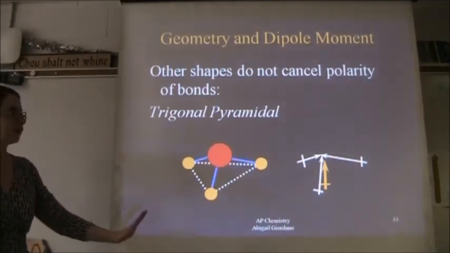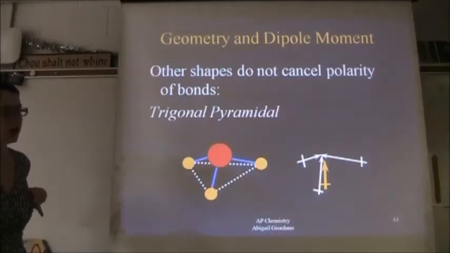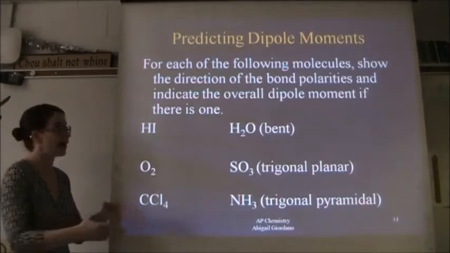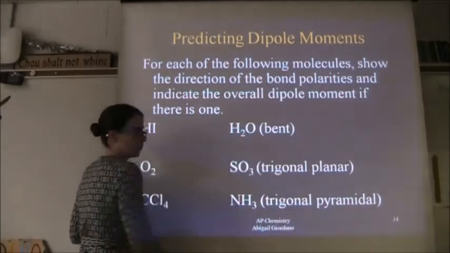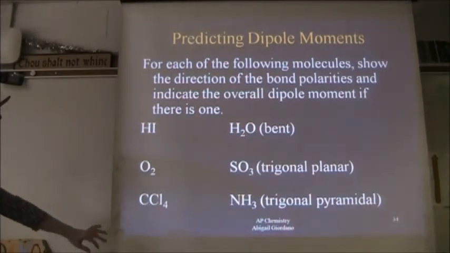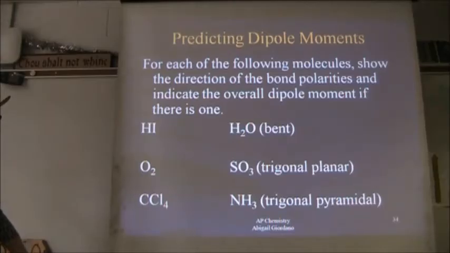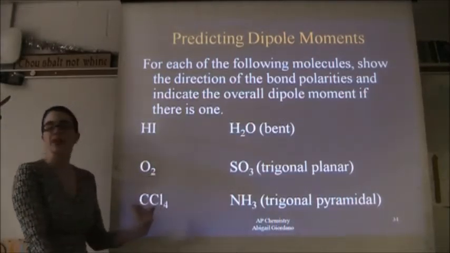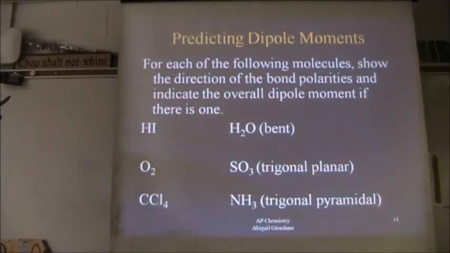We'll figure it out on Friday. I'm not expecting you to predict shape at this point, which is why I give you the shapes of these guys. What I am going to ask you to do here is to tell me whether these molecules as a whole are polar or not.